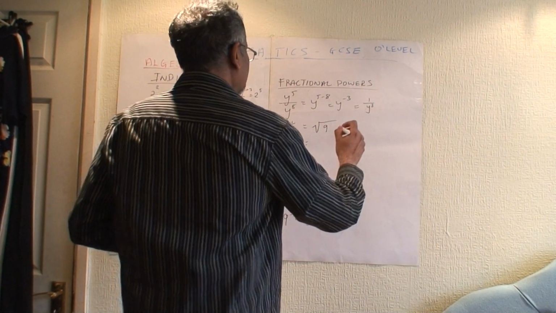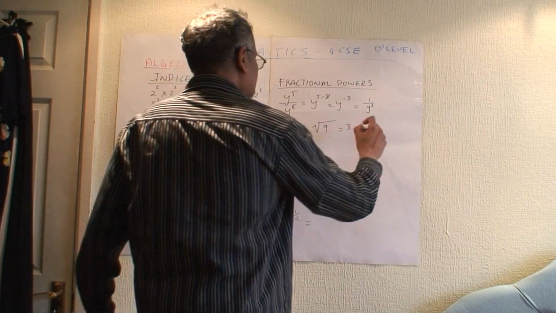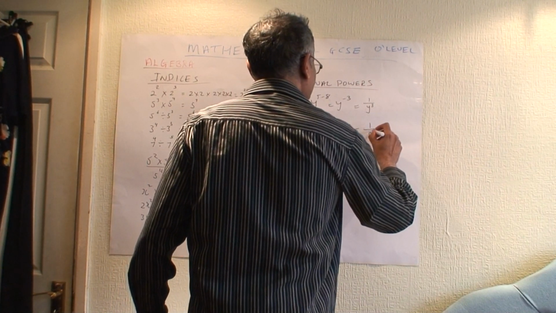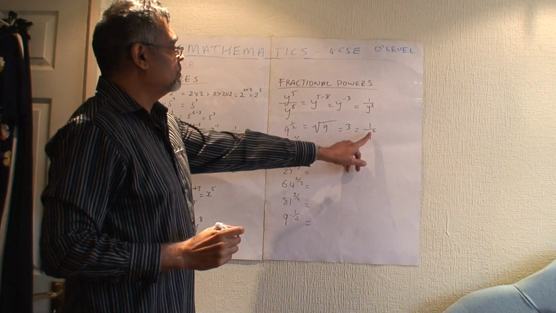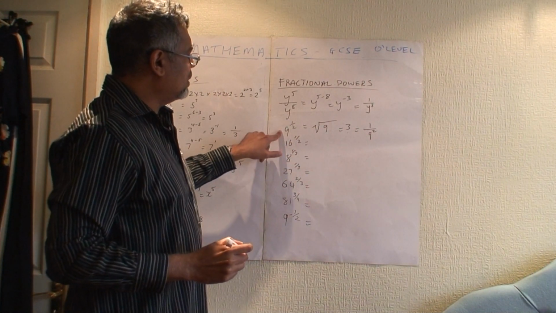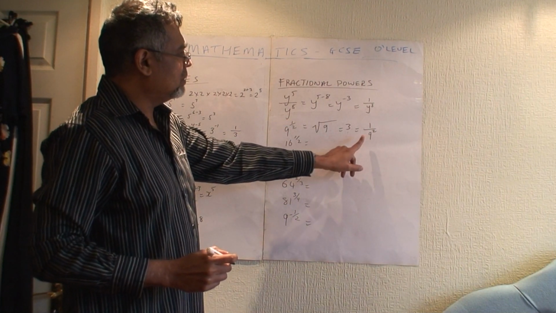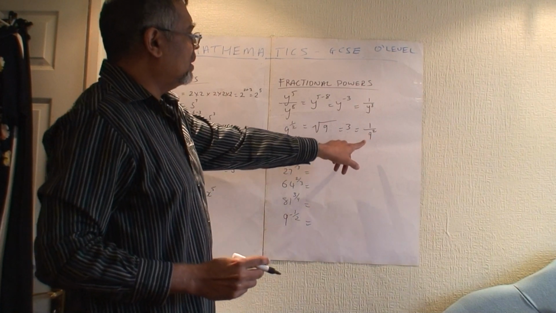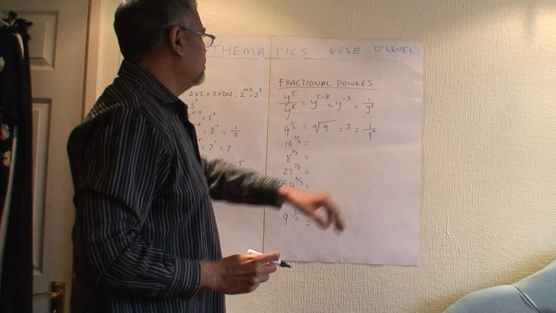Okay, now this can also be written as 1 over 9 to the power of 2. Okay, so 9 to the power of a half is similar to 1 divided by the power of a half.